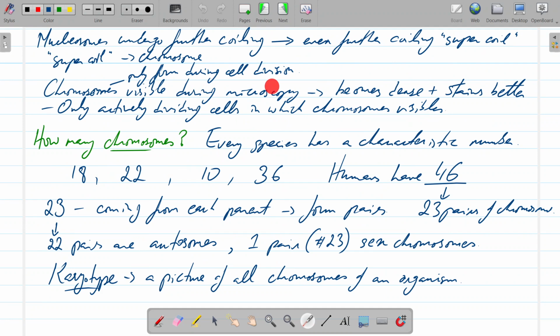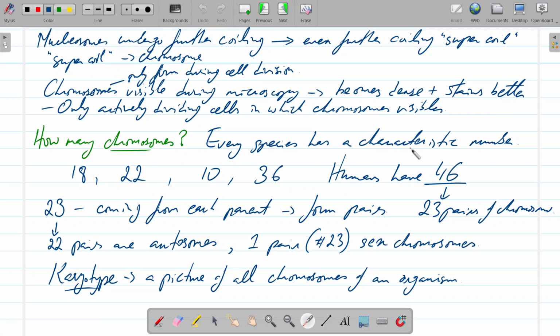Chromosomes are only visible during cell division. So when a cell is actively dividing, these can be seen during microscopy. Otherwise, they cannot be made out as specific or clear structures in the nucleus.